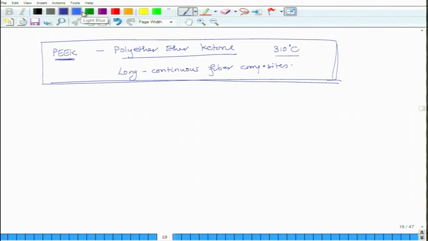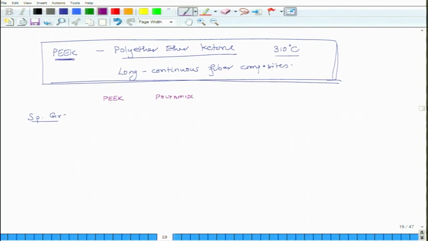Finally, in context of thermoplastics, we will very quickly look at some of the material properties. So, again we will construct a table, a specific gravity. Okay. So, what are the properties? So, these are different materials: PEEK, polyamide.